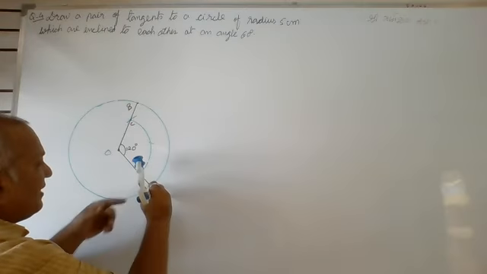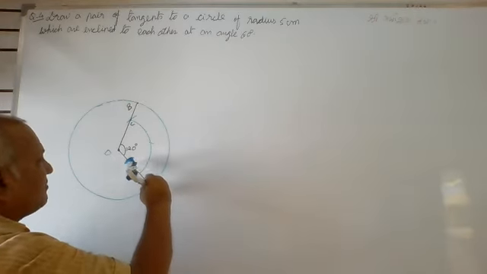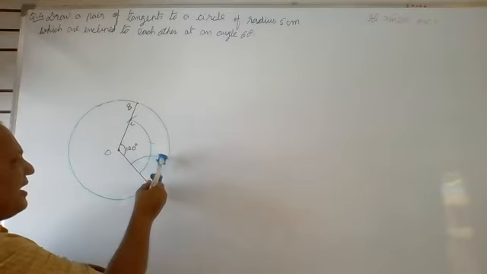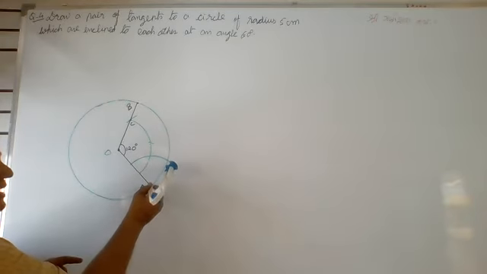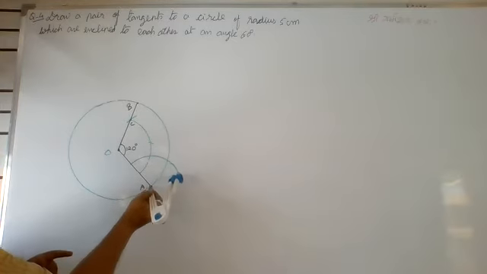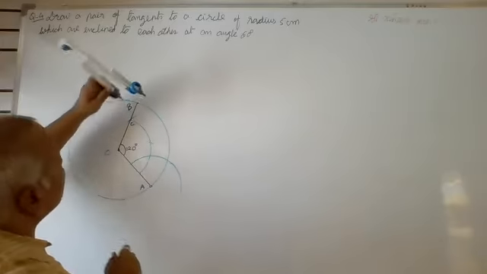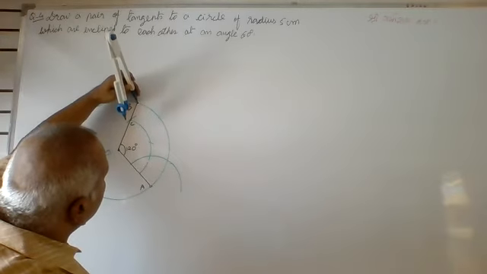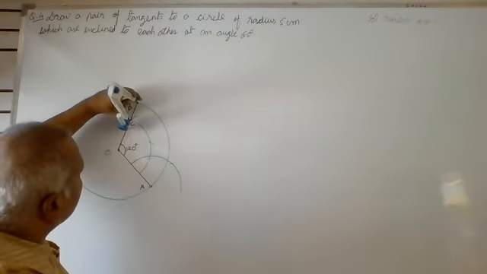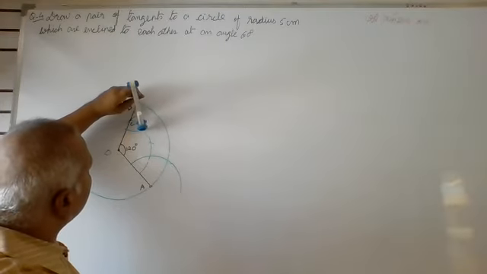From A I will take a random measurement and construct an arc. This is an arc from A and it is a random measurement. With the same measurement we have to construct an arc from B.